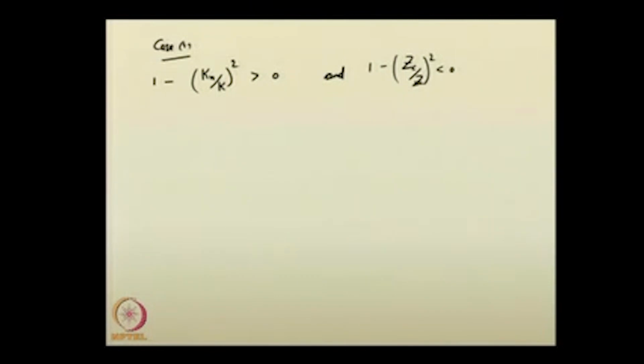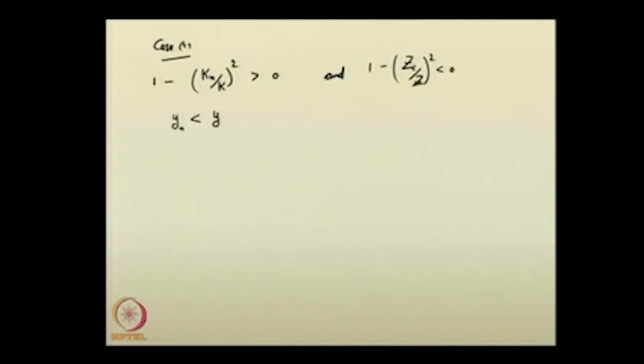What does this mean? One minus k n by k whole square has to be greater than 0. That implies that your normal depth of flow will be less than the actual depth of flow.